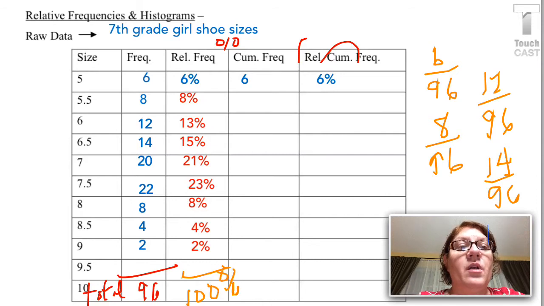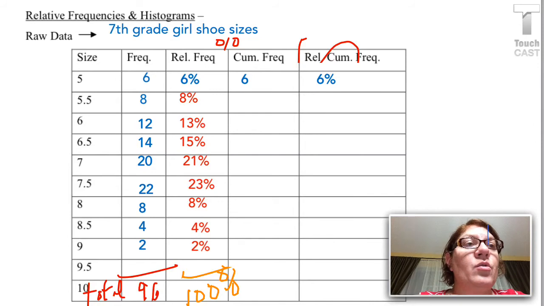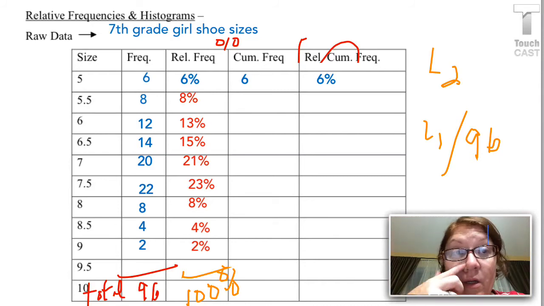If they don't, you will need to adjust one or two of them in order to make that happen, which is why it's easy to do on your calculator: simply put all of the frequencies into list 1, and then at the top of list 2, right on the actual L2 name, you type list 1 divided by 96, because that was your total, and it'll actually fill in all the percentages, and then you can round them all and look at them and make sure that you're rounding correctly.